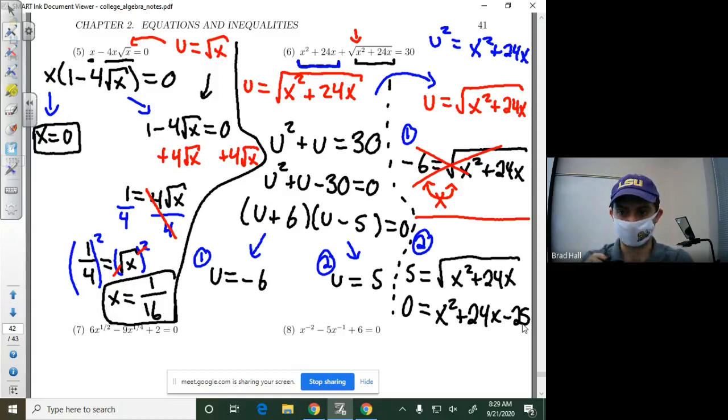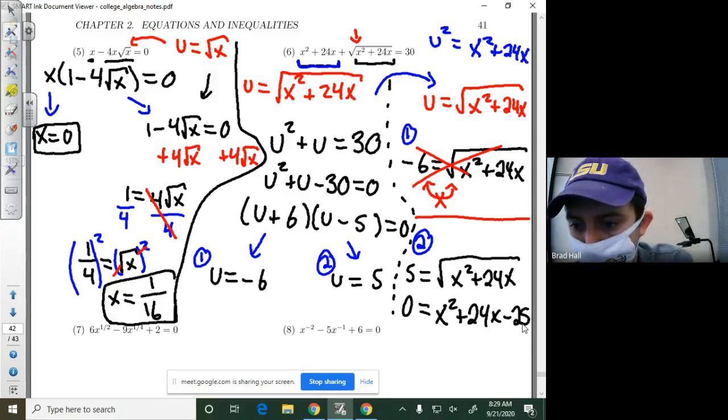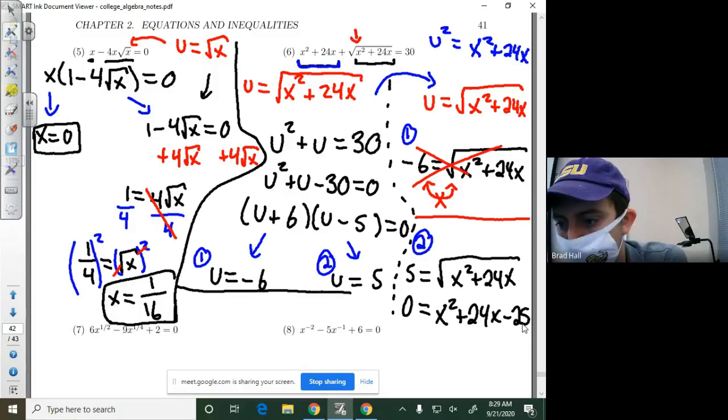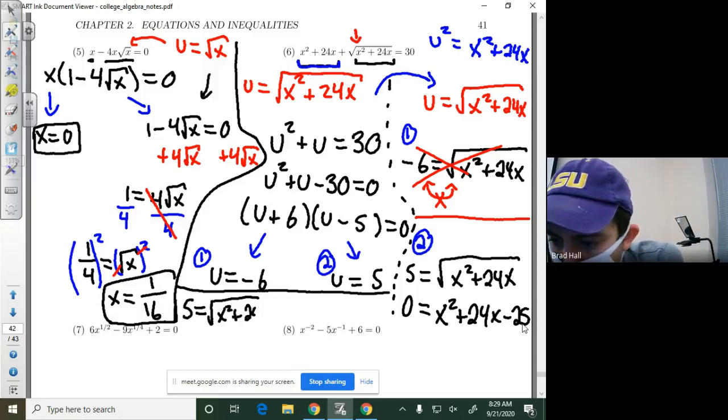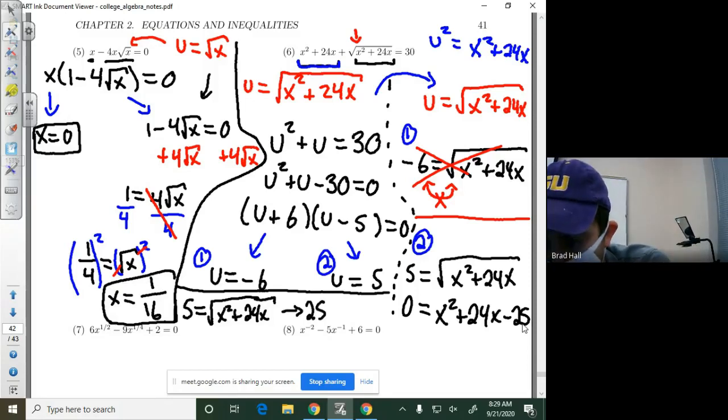So we can square both sides. Squaring both sides would give us 25 is equal to x squared plus 24x.